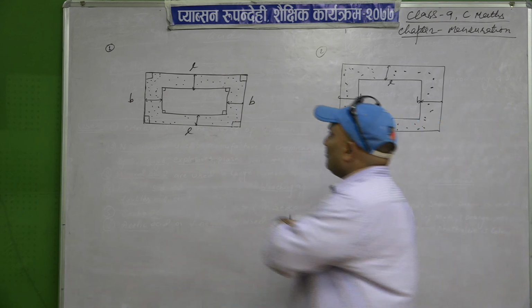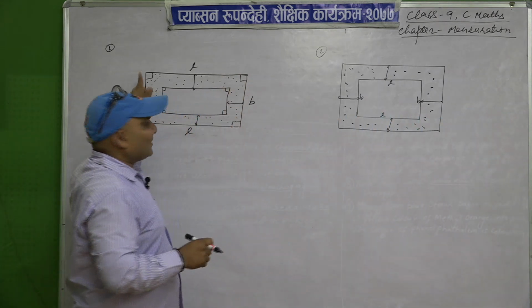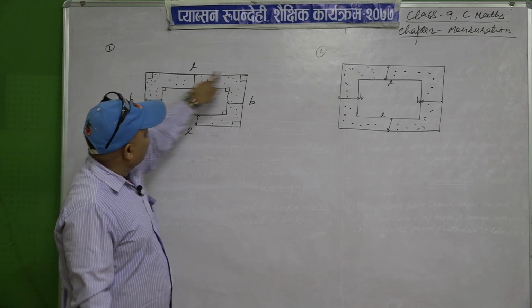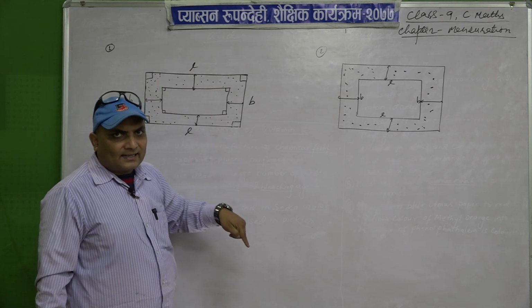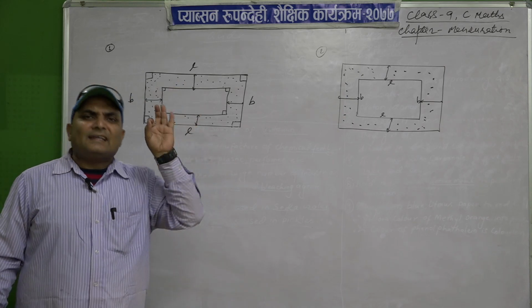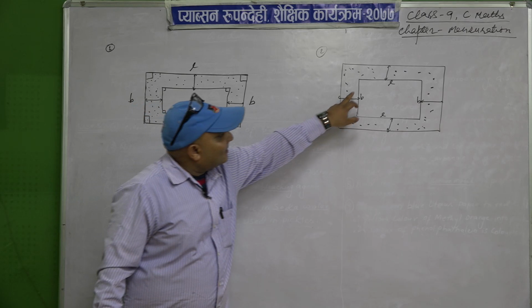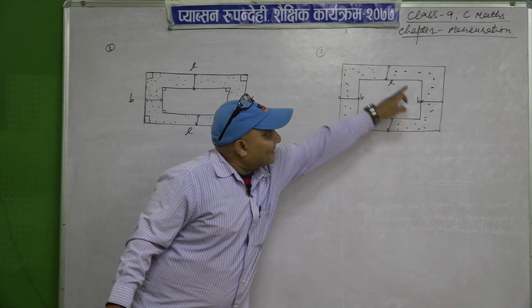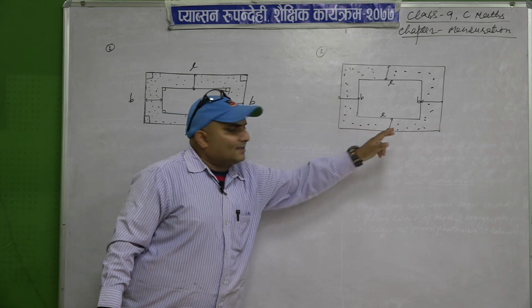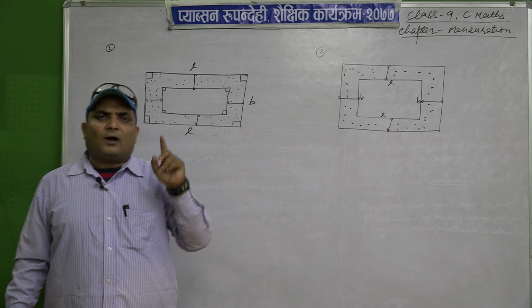Here the value of this length and this breadth is given, that's why this path is inside the given rectangle. That's why here the path is called path inside the rectangle. Here this path is outside this rectangle, that's why in this condition this path is called outside the rectangle.